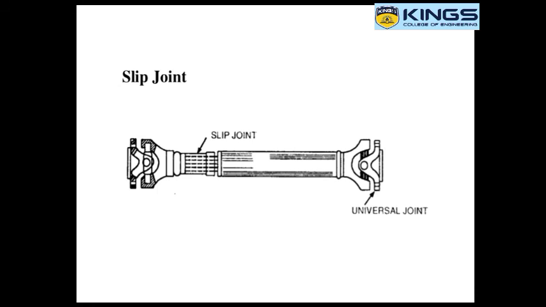This assembly helps to rotate and move back and forth. Depending upon the movement of these two sliding and moving shafts, the length may be adjusted. This is something about the sliding joint.